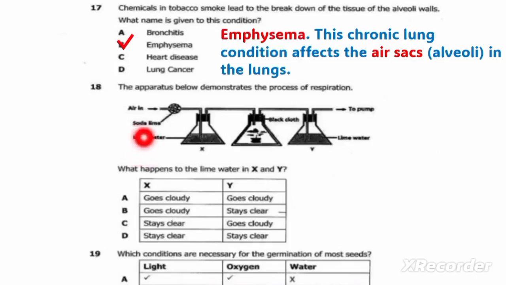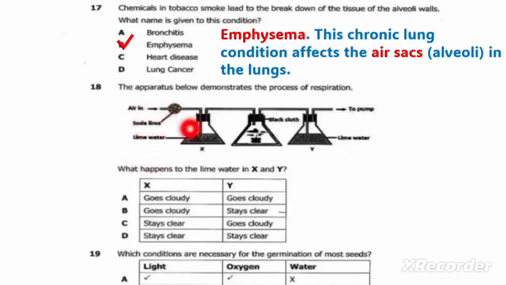The soda lime is here to trap the carbon dioxide found in the air. We know that air is the combination of different gases. So within the air there is carbon dioxide, and the carbon dioxide will be trapped by soda lime. Soda lime we can also call sodium hydroxide.